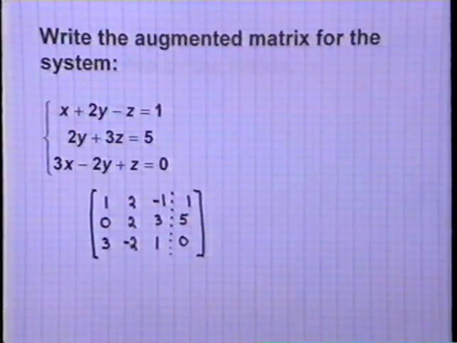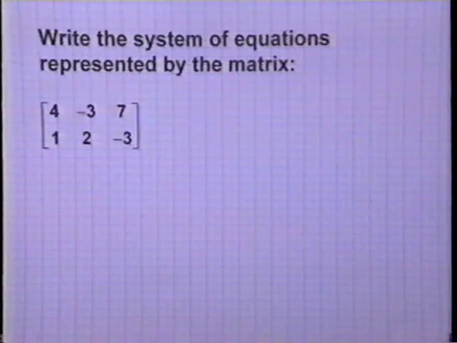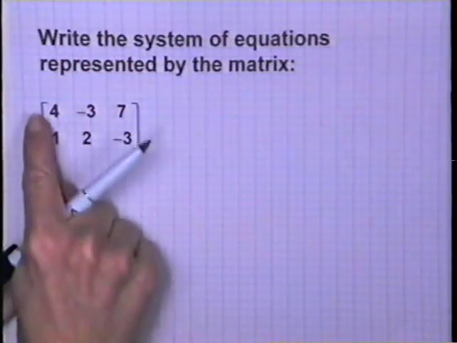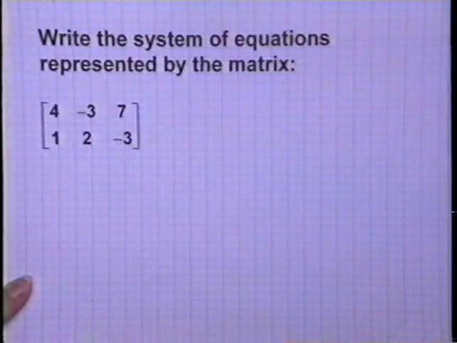Now, in this next example, we're going to do something a little bit different. Notice here it says to write the system of equations represented by the matrix. So here we have the given matrix, but we want to know what system of equations that might represent. Since I have two rows in my matrix, I know I will have two equations.